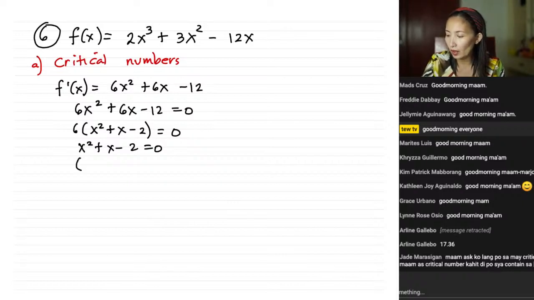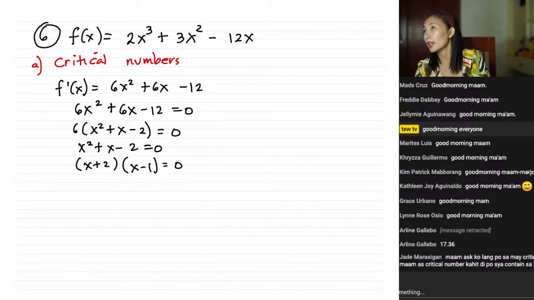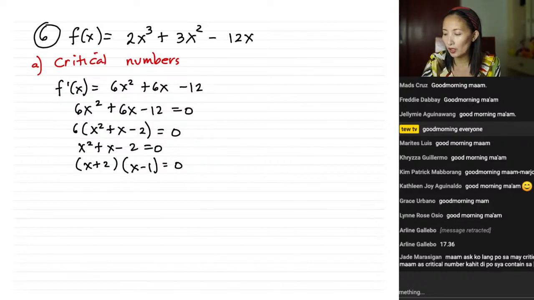What are the two factors of this quadratic function? We have x plus 2 and x minus 1. Equating each factor to 0, x plus 2 equals 0, x minus 1 equals 0.